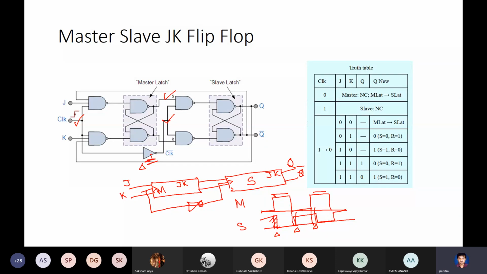So only in this small window, both conditions are met: the master is changing, and the slave is not yet disabled. So in effect, if you look at the slave block's output, you will get something like this, which is again the small pulse we wanted to have earlier.